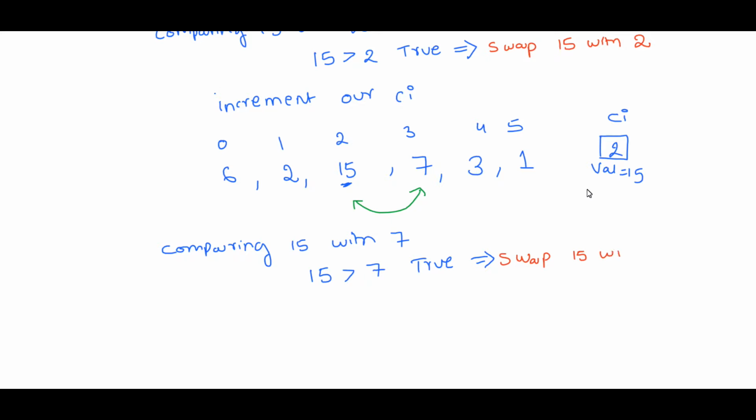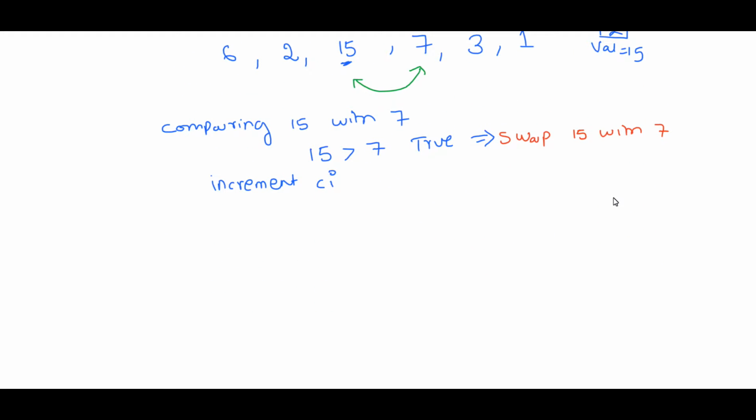Swap 15 with 7. And as usual, we are going to increment CI, no matter what.